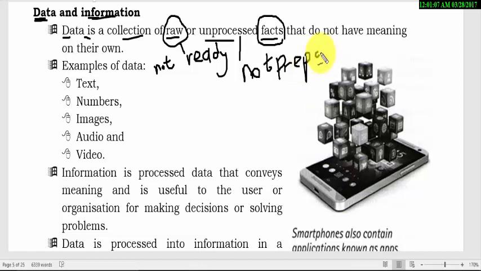So let us finish writing the word here, prepared. So data is a collection of raw or unprocessed facts that do not have meaning on their own. So 2 plus 3 is equal to box. This work we are seeing here has no meaning on its own, so it is called data.